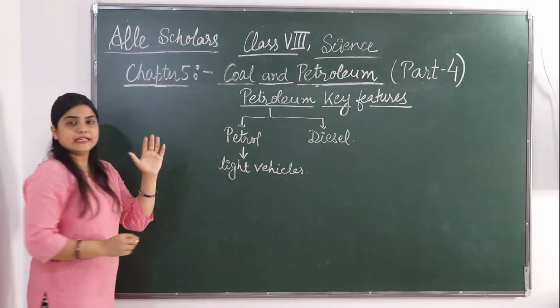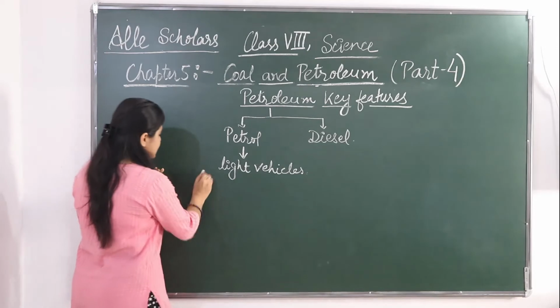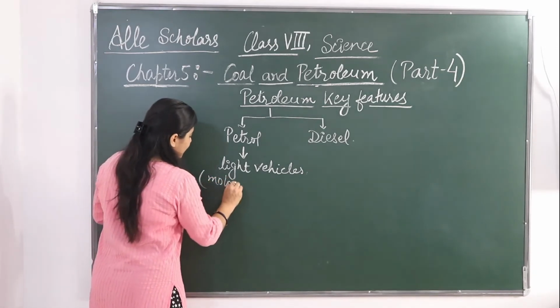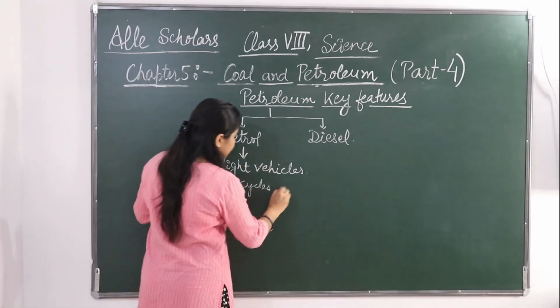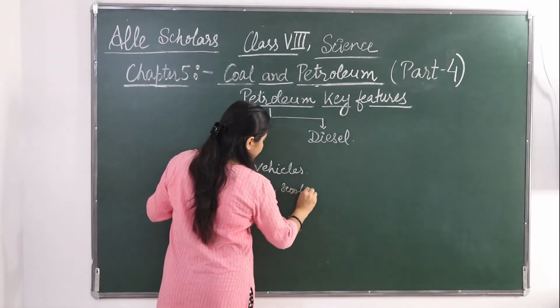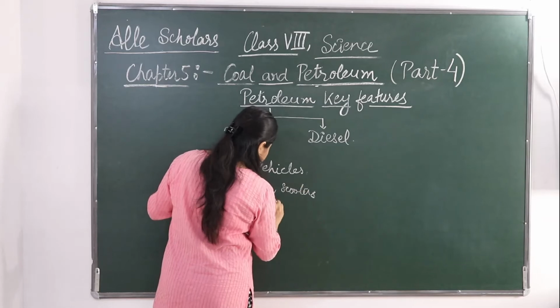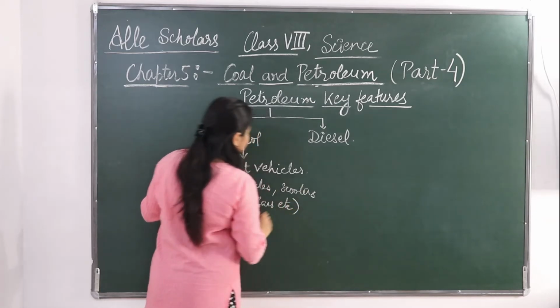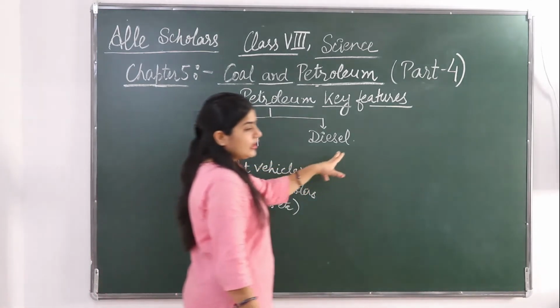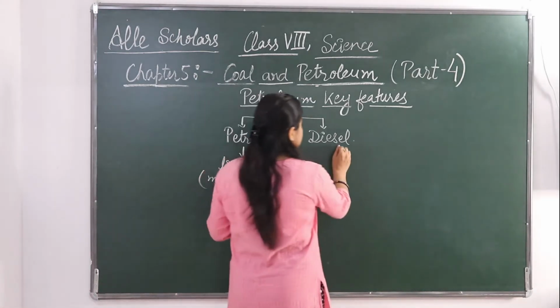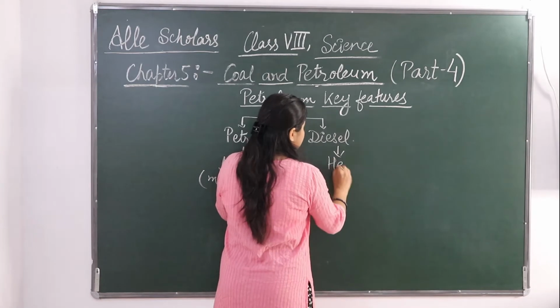Light vehicles like motorcycles, scooters, cars, etc. For light vehicles we use petrol, and for heavy motor vehicles we use diesel.